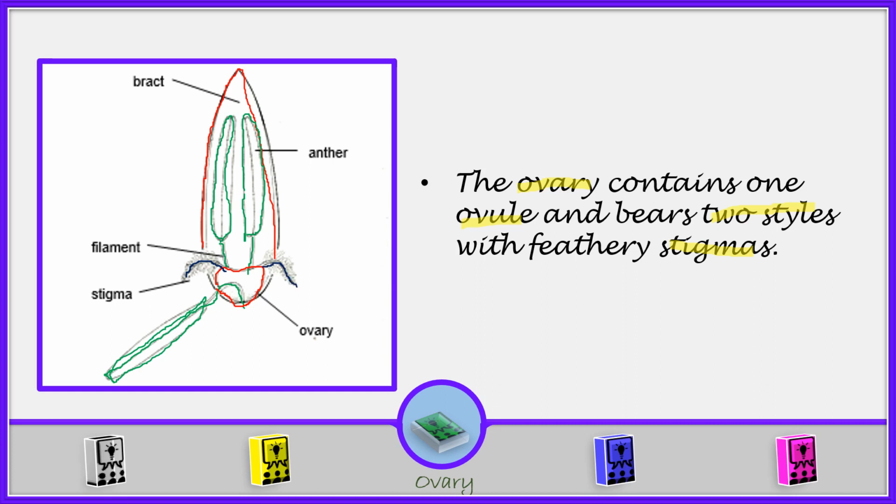Both styles are connected to one ovary. So this is how the grass flower looks. It has the covering, which we call the bract. Inside it, it has three stamens, and it has the ovary with two styles bearing the feathery stigma.